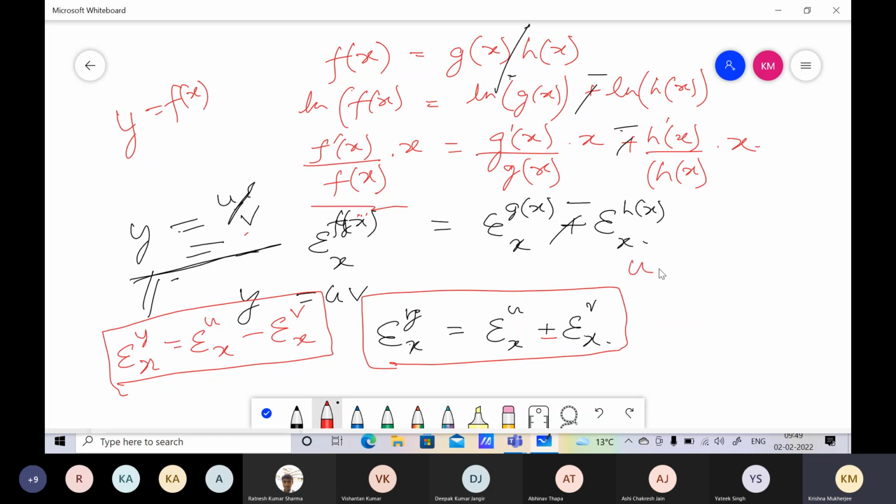Plus when it is u into v, and minus when it is u divided by v. And this can be extended. u v w will be just plus E of w. So this makes life very simple. So multiplications and divisions of functions translate into elasticities being added or subtracted.